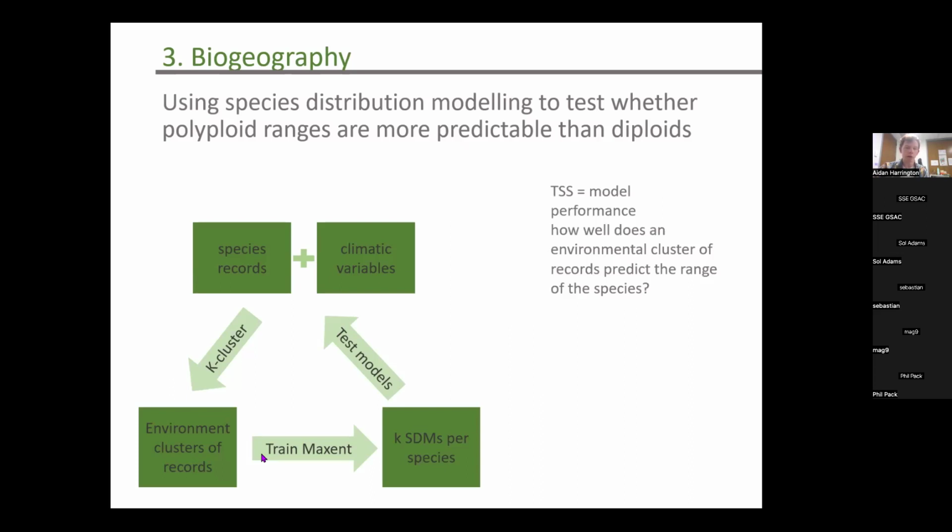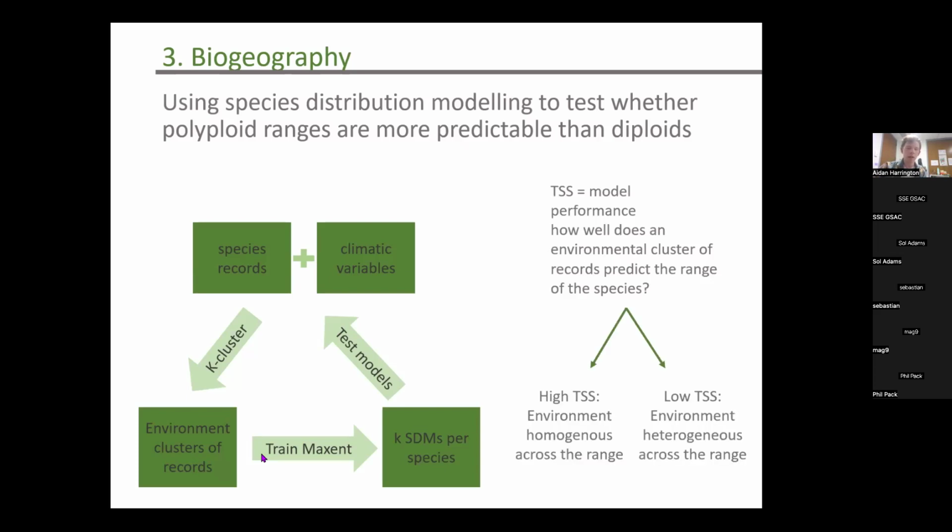And then we evaluated those models with TSS, which is a model performance metric, essentially asking how well does an environmental cluster of records predict the entire range of the species. So high TSS would give us an indication that the environment is homogeneous across the range. Low TSS would give us evidence that the environment is more heterogeneous across the range of that species.